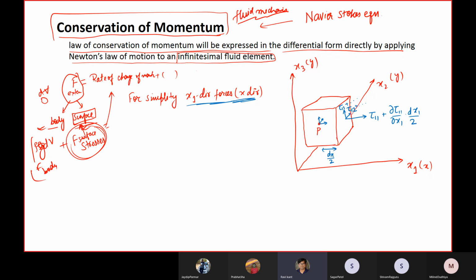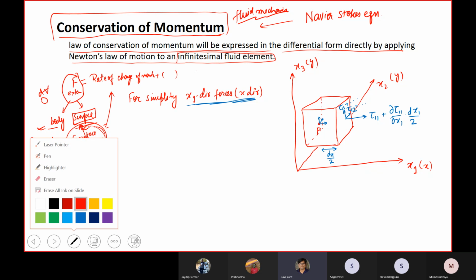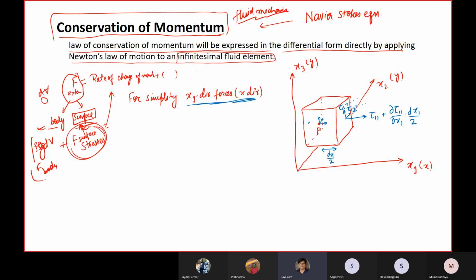On the left hand side face, you will again have tau. This is not force, this is just the stress; the stress should be multiplied by the area. The area is dx2 times dx3.